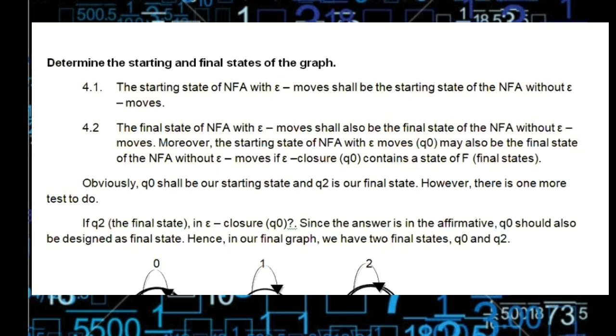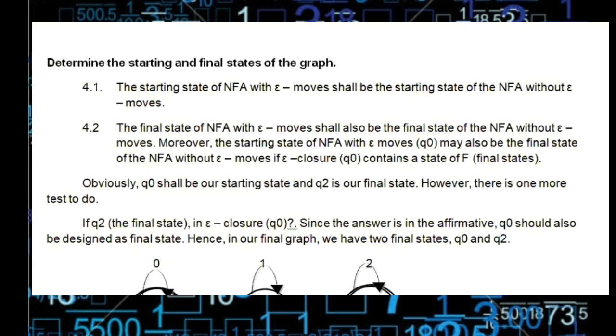Okay. Let's read this: determine the starting and final states of the graph. 4.1. The starting state of NFA with E-moves shall be the starting state of the NFA without E-moves. So, na-consider natin yung 4.1. 4.2. The final state of NFA with E-moves shall also be the final state of the NFA without E-moves. O, check. Moreover, so ito yung ating additional, to clarify what I have discussed last time.